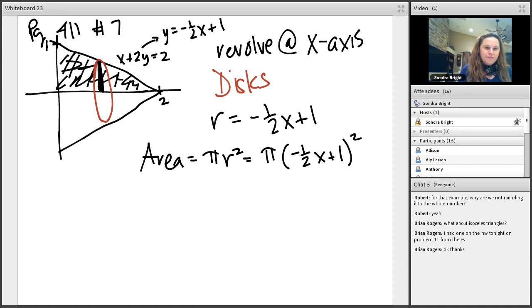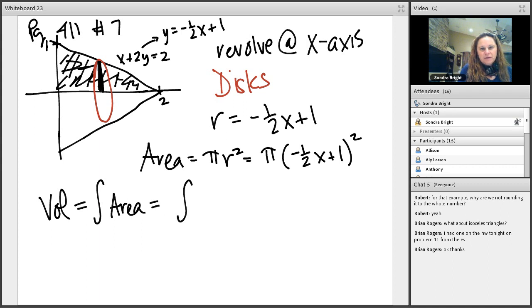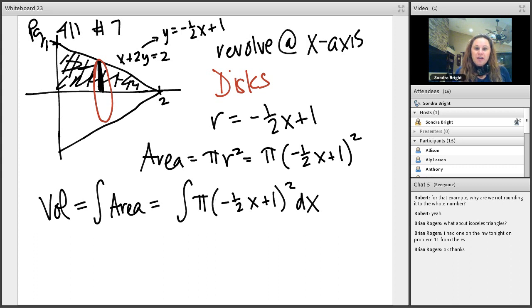There's your area, and your volume will be the integral of the area. So we're going to integrate pi times negative 1/2 x plus 1 quantity squared dx. You're doing it dx, so your limits need to be x values, going from here to here, so from 0 to 2.